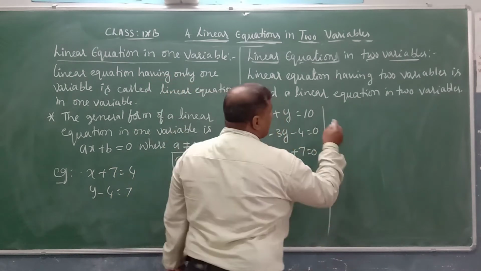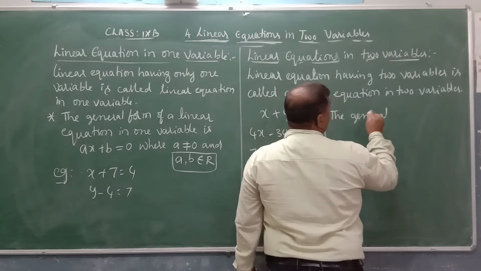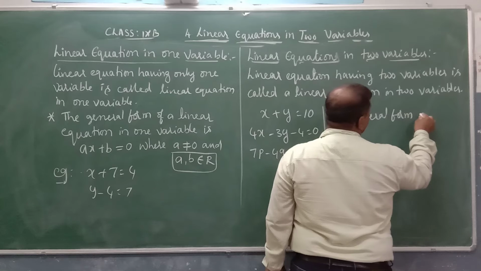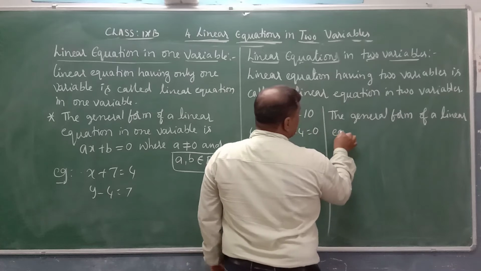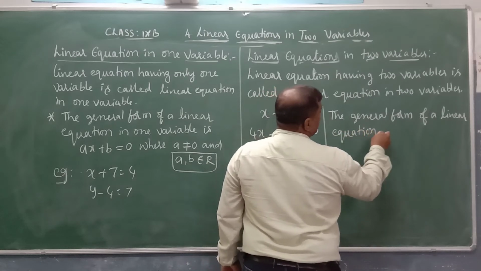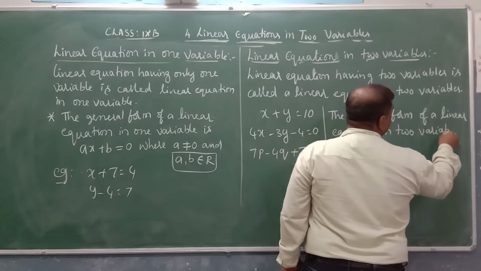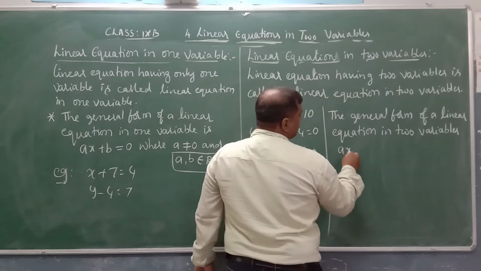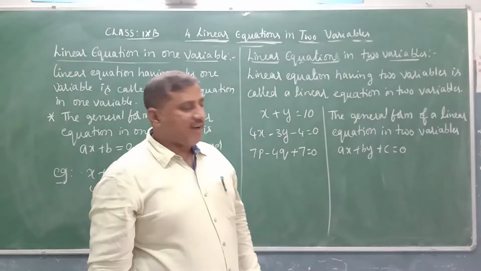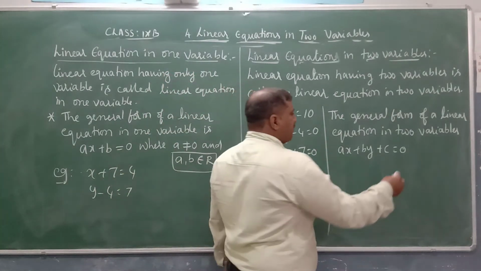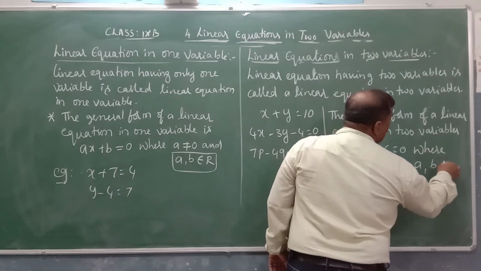Now, the general form of a linear equation in two variables is ax plus by plus c is equal to 0, where a, b are both not equal to 0.